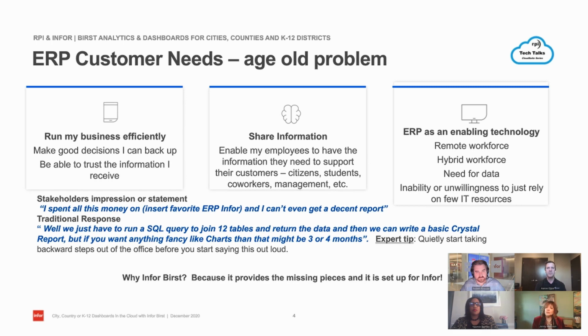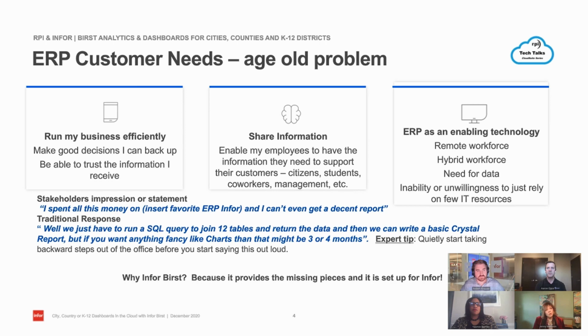So we have a need for data. And sometimes there's also just this unwillingness or inability to ask for help because the resources within our organization have a lot on their hands to get that data for a lot of people. And we may fall to the bottom of the list on that.